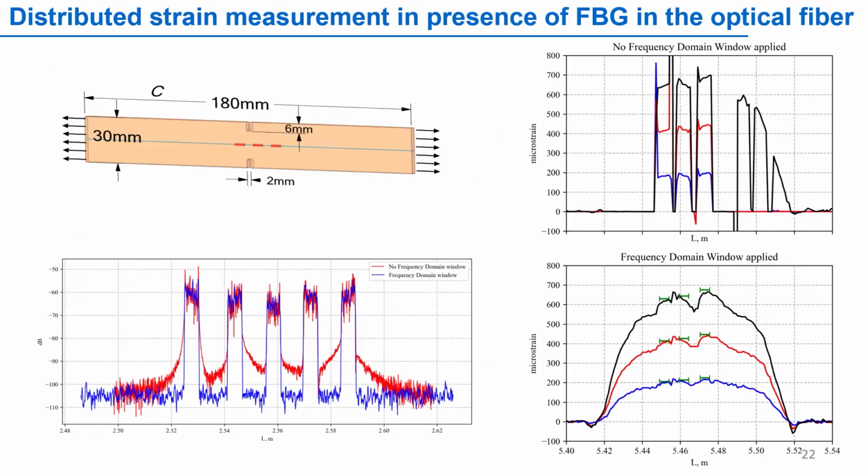And it was shown that this can be done on an experimental sample with strain gradient. It is shown here that the traditional algorithm of strain calculation gives us insensitive zones around fiber Bragg gratings, and using the window function, we can eliminate them and compare distributed fiber optic sensors with single point fiber optic sensors and get very similar results.